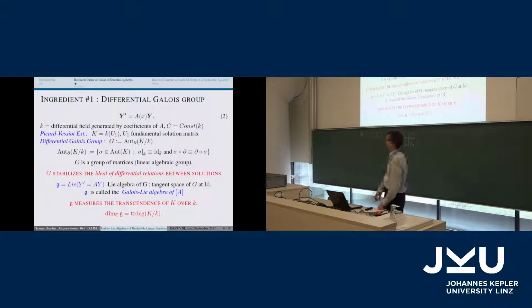But it's not an algorithm you can really implement. And somehow it turns out it's much easier to compute the Lie algebra of the Galois group than the Galois group itself. The reason is that the Galois group is something you find from the solutions, which you don't have, and the Lie algebra is something which, if you're careful enough, you can read from the system. And that's the thing you have. So that's what I'm going to try to convince you of.